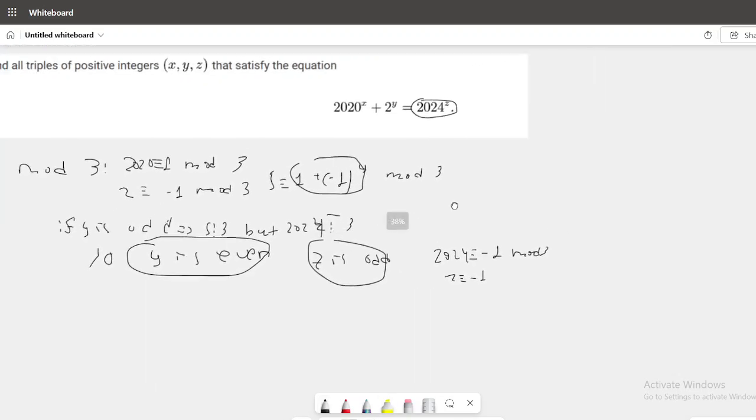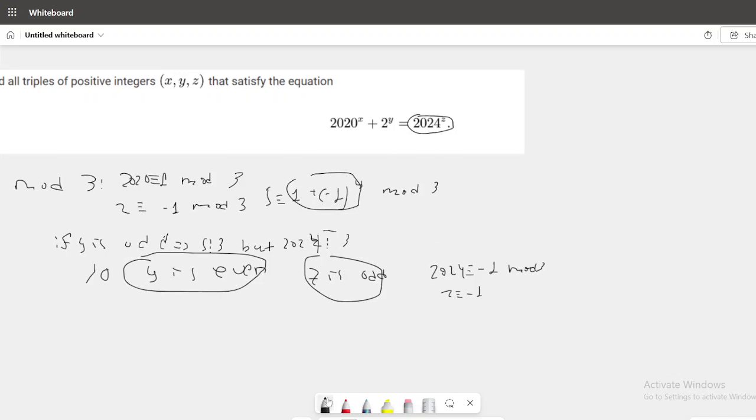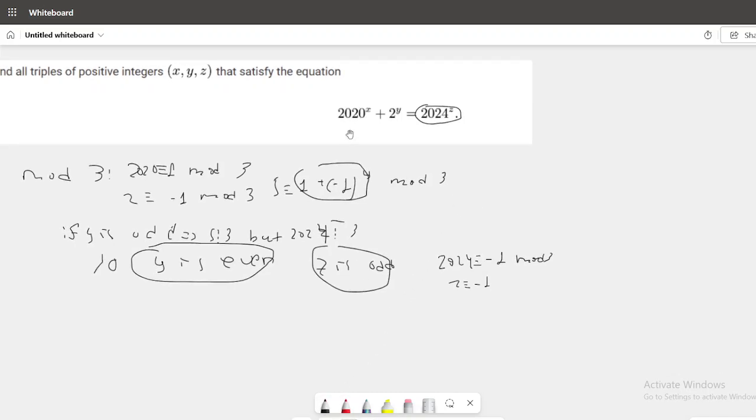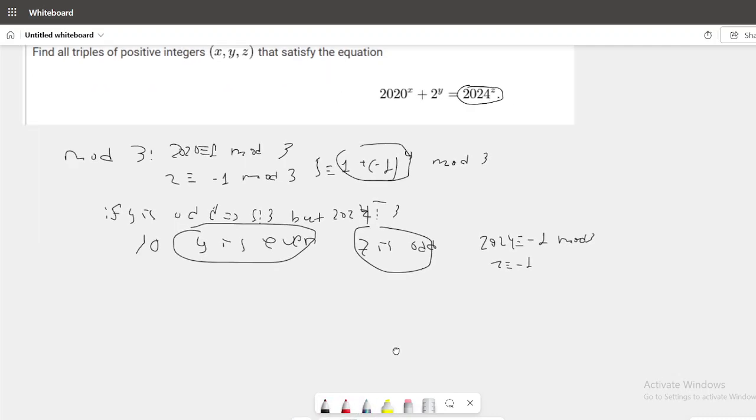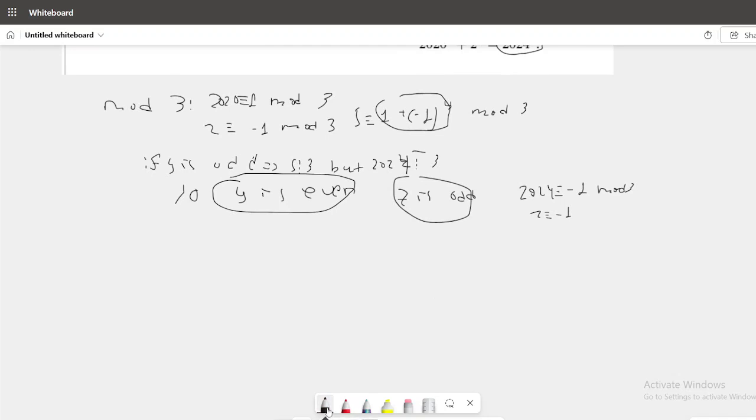Okay, next thing we need to do is look at this 2020. What's the biggest power of 2 that divides 2020? Well, if you divide it by 2, you get 1010. You divide it by 2 again, you get 505.